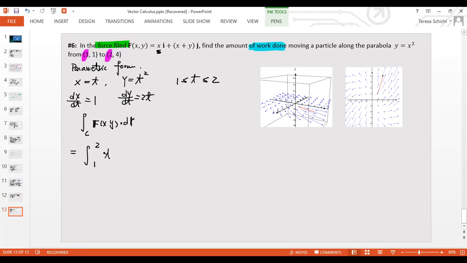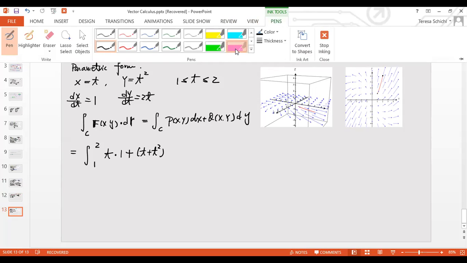I have a t here, and because this is x, dx is 1 dt. We're using the form of the integral over C of P(x,y) dx plus Q(x,y) dy. Here Q(x,y) is x plus y, so it is t plus t squared.